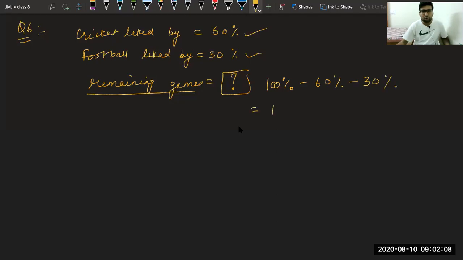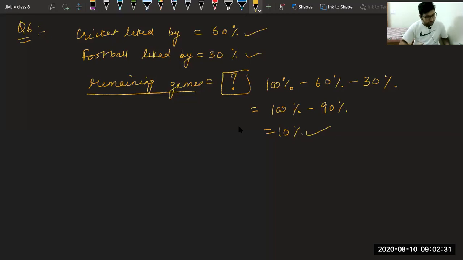So the answer will come out as 10%. So 10% like the remaining sports. Now they are asking what percent of people like other games. We have found already, the answer is 10%.